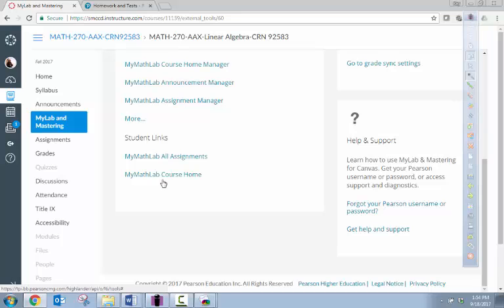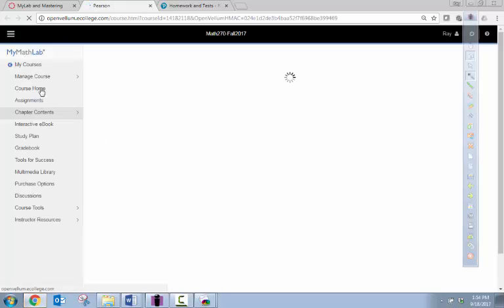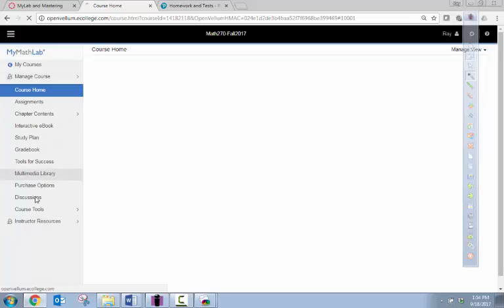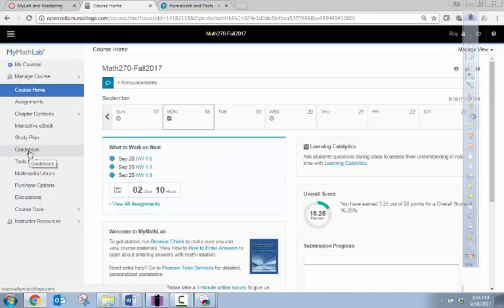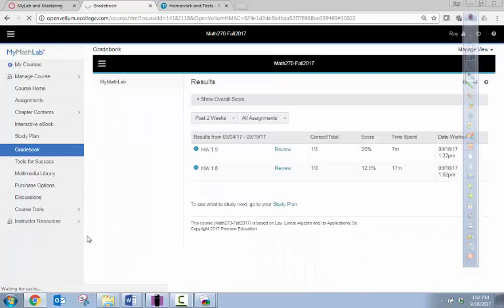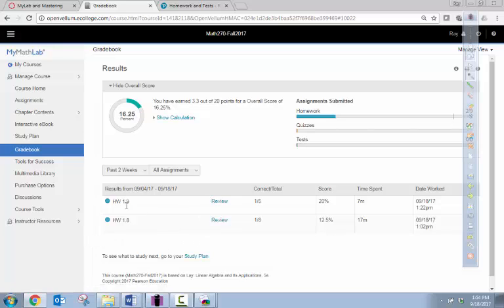All assignments, I think if you go to course home, one of the selections is the gradebook. If you go to the gradebook, and then you can look at the particular problem, and then you can hit review. Now, if you didn't do it at all, then you can't review it, and you can't open it because it's past.